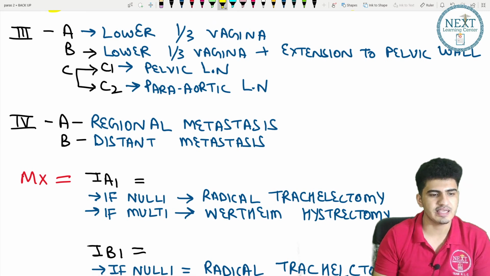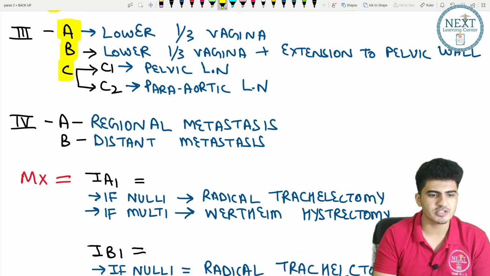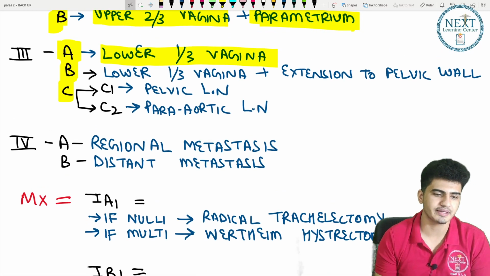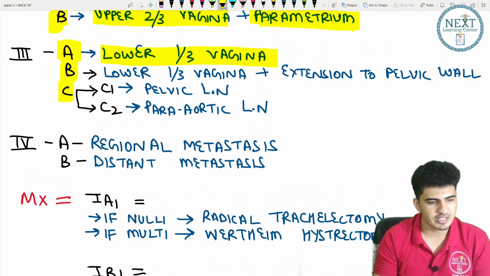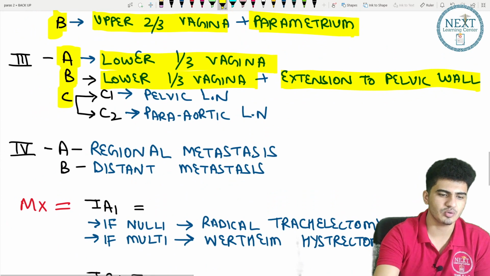Now stage 3A, B and C. Stage 3A is lower one third of vagina. Stage 3B is lower one third of vagina plus extension to pelvic wall.